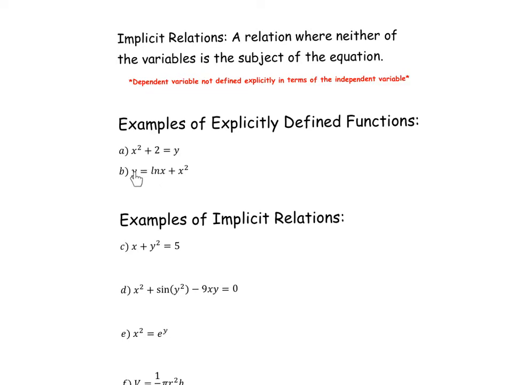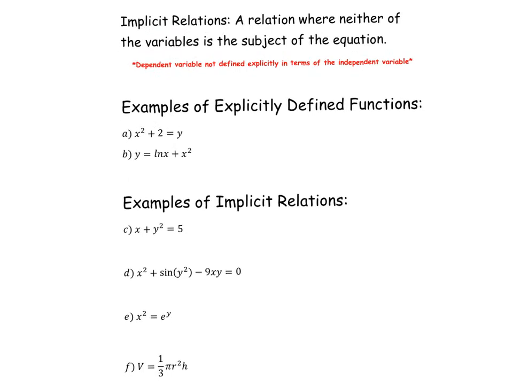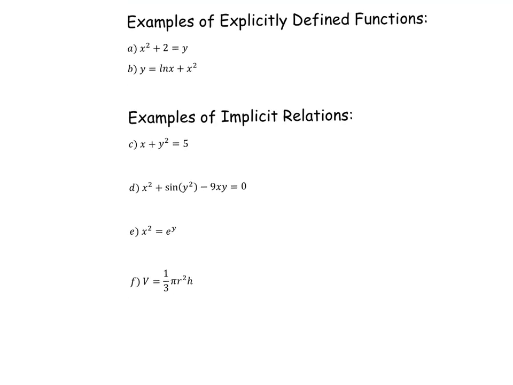So y is isolated, and it would be a function based on the fact that there would be only one output per input. Okay, examples of implicit relations, for a number of reasons here. First of all, y is not written explicitly in terms of x.